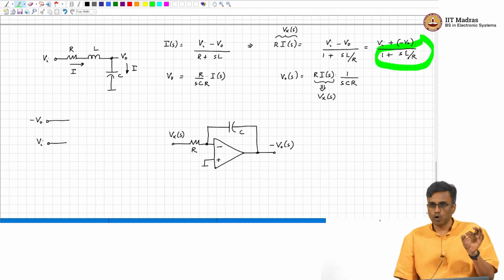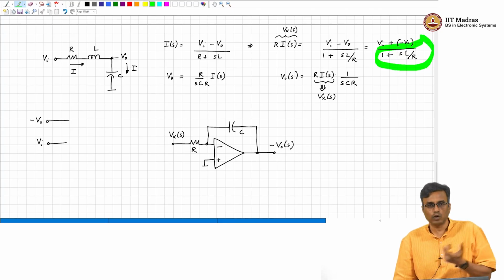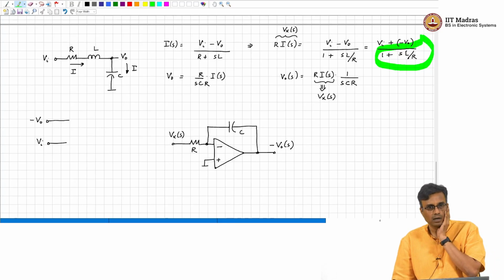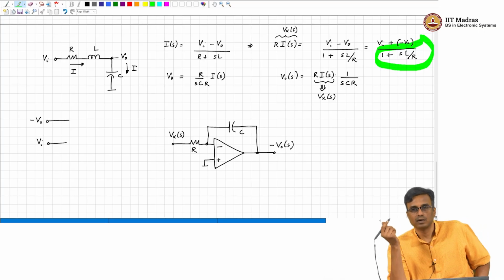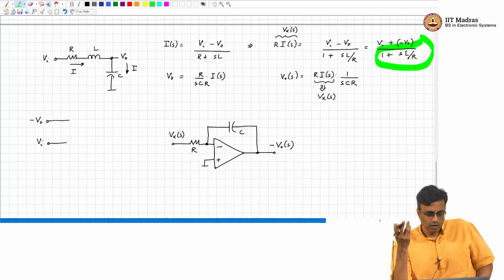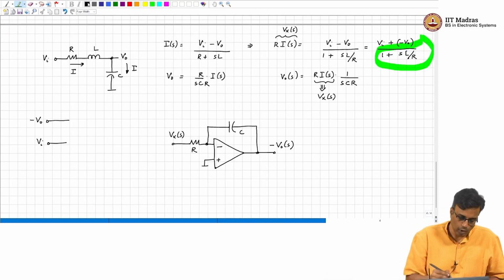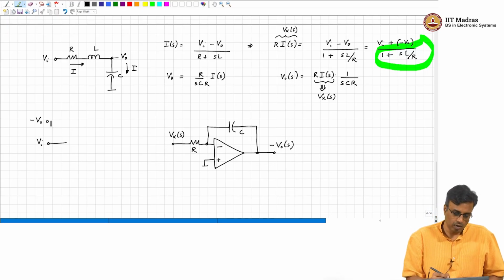It is a first order low pass filter. We already know how to build that low pass filter. And what is the DC gain of that low pass filter? 1. And what is the omega naught of that low pass filter? R by L, correct.